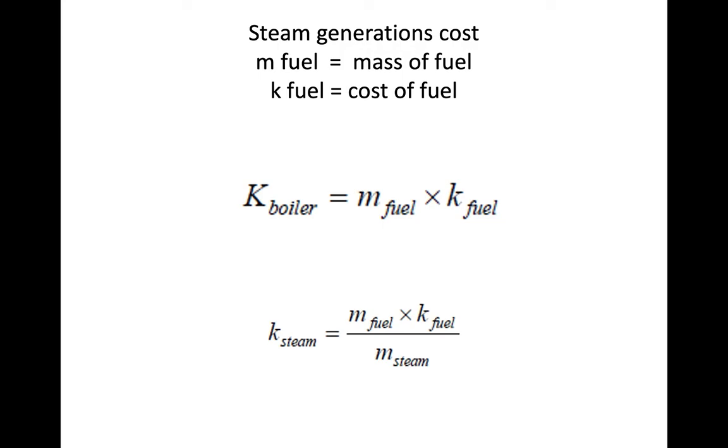Sometimes in a small boiler or small steam user, there is no steam flow meter available. So if there is no steam flow meter, we cannot get the mass of steam, which means we cannot calculate the cost of steam or cost of boiler.